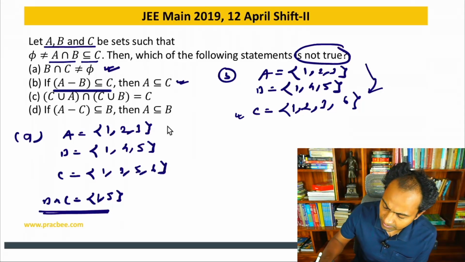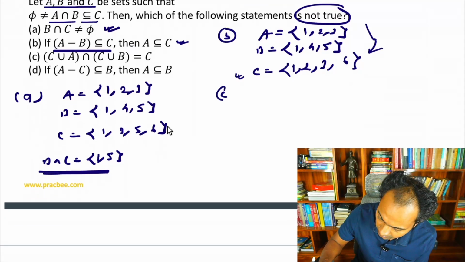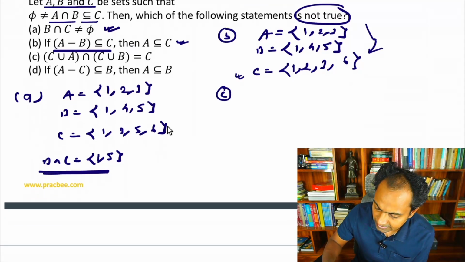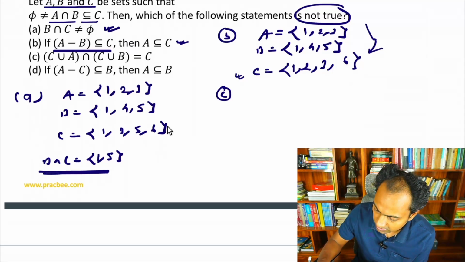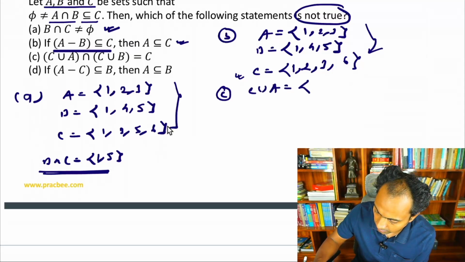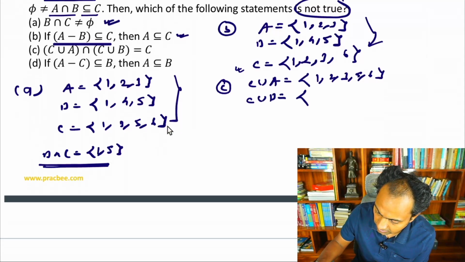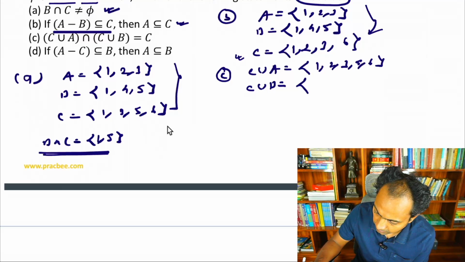Now, similarly, let us also verify statement C. Statement C says that C union A intersection C union B. You can see that if I take this example only and find C union A, it is going to be 1, 2, 3, 5, 6. And you can see that C union B similarly will become nothing but 1, 4, 5, 3, 6.